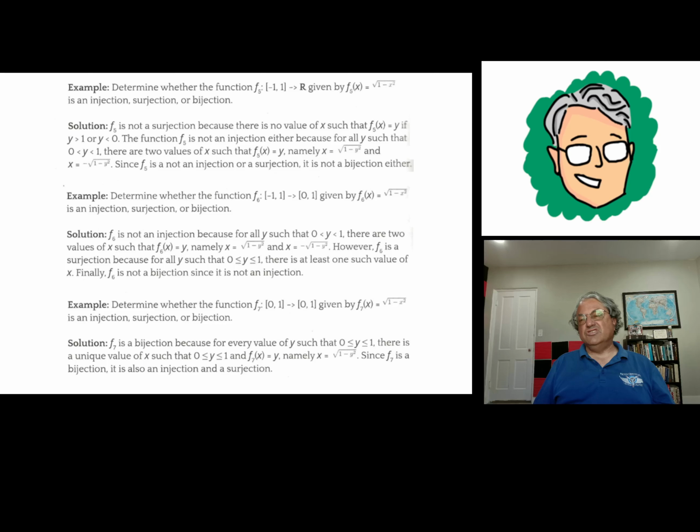Now we're going to have the same function, except we're also restricting the domain to the closed unit interval, the interval from 0 to 1, possibly equal to 0 and 1. And in this case, it actually is a bijection, because now it's an injection. Remember that the values of x are now non-negative, therefore there is going to be a unique square root.